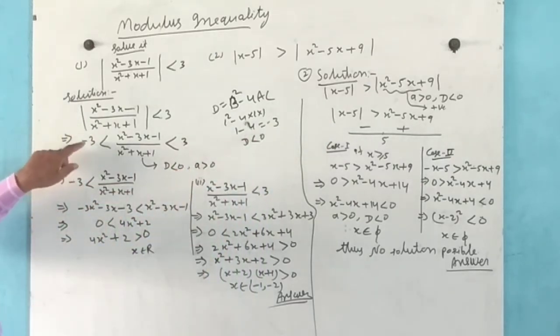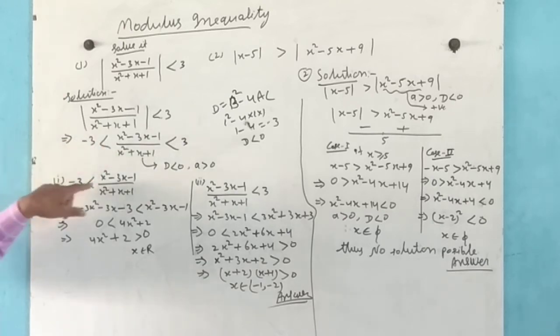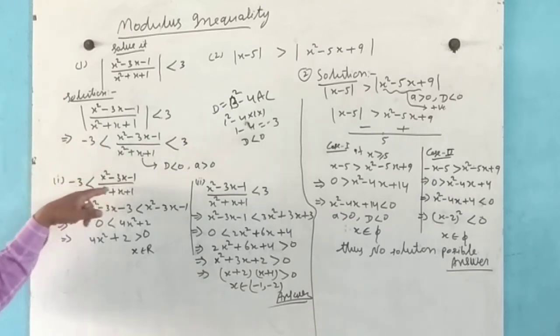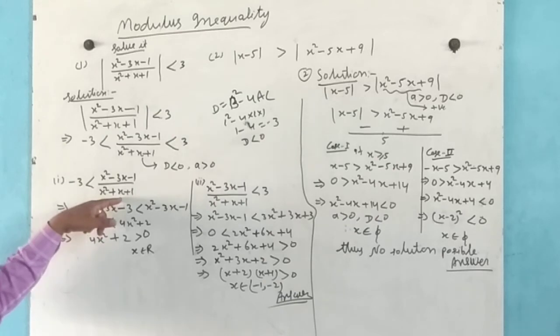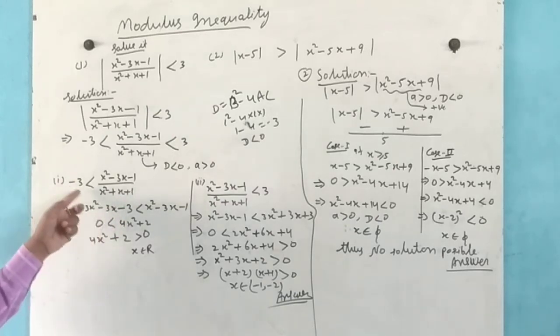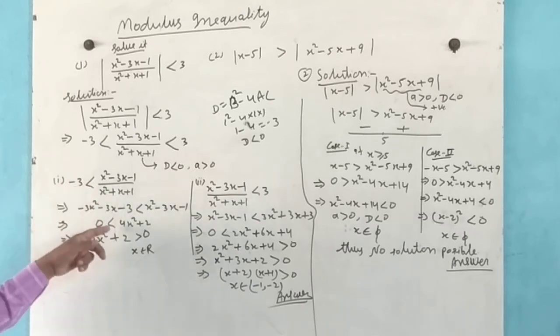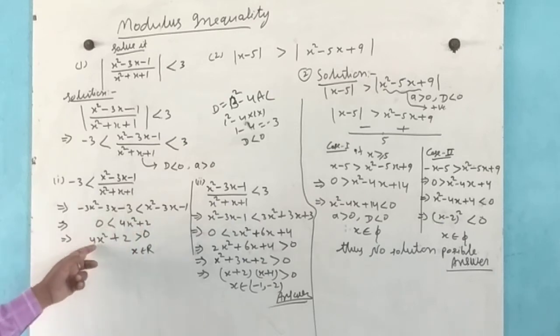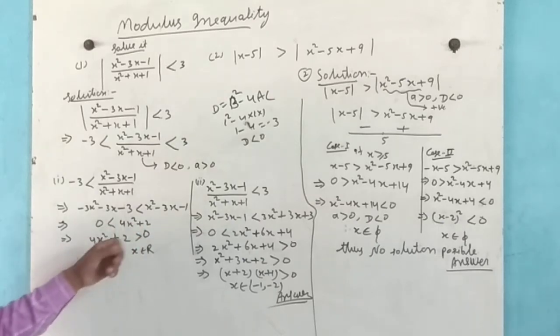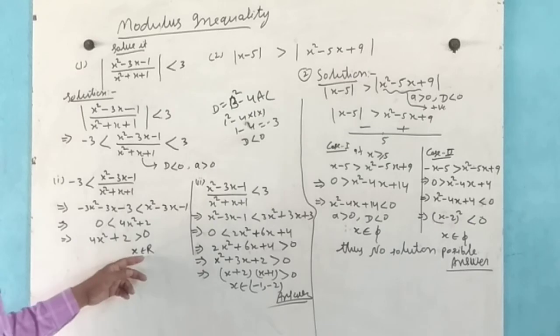If we take this part, minus 3 less than x square minus 3x minus 1 divided by x square plus x plus 1, and on multiplying we get 0 less than 4x square plus 2. 4x square plus 2 is greater than 0, so x belongs to R.